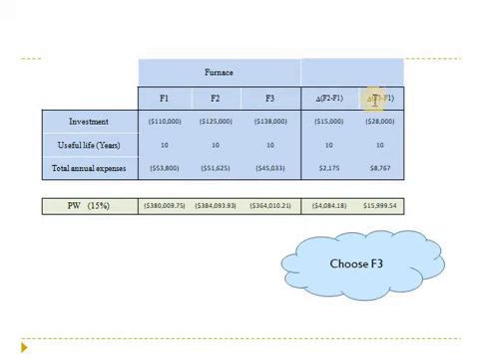So you see here, the new column is the difference between F3 and F1. By subtracting the values of F3 minus F1, I'm comparing the value of 138,000 related to F3 initial investment with the initial investment of F1, 110,000. So F3 minus F1 is done the same way as we did with F2 minus F1.